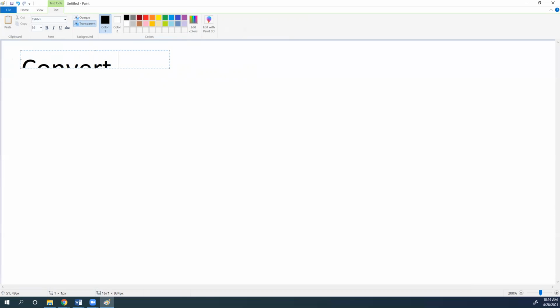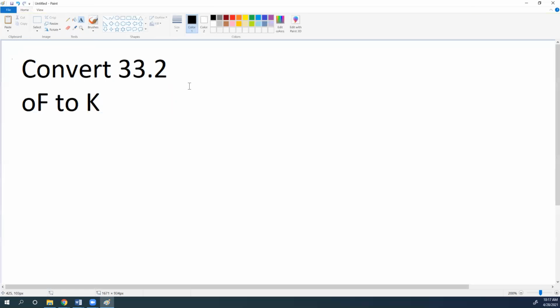Convert 33.2 degrees Fahrenheit to Kelvin. What equation would I use first? The first one, because I need to go from Fahrenheit to Celsius.